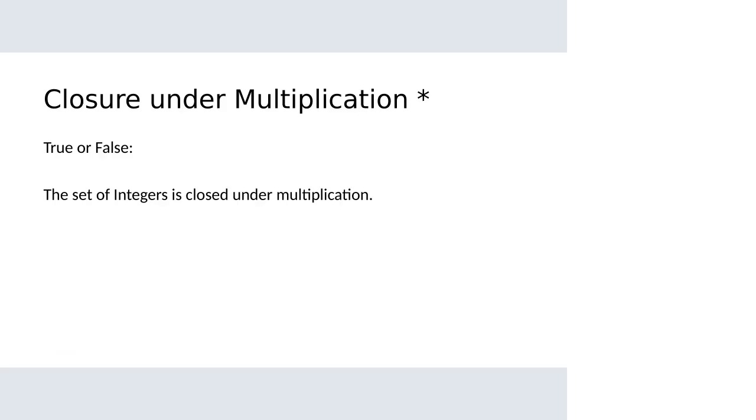So the idea here is if we multiply two integers together, do we get an integer as our answer? For it to be true, it has to be true all the time. If you can find one counterexample, one time where this doesn't work, then you can say false.